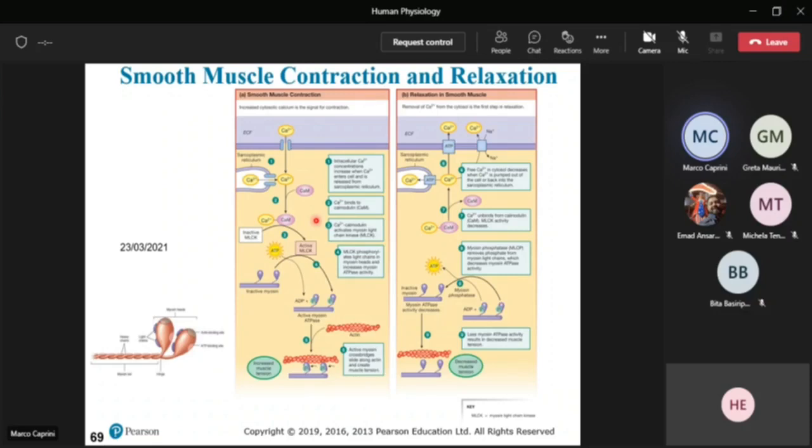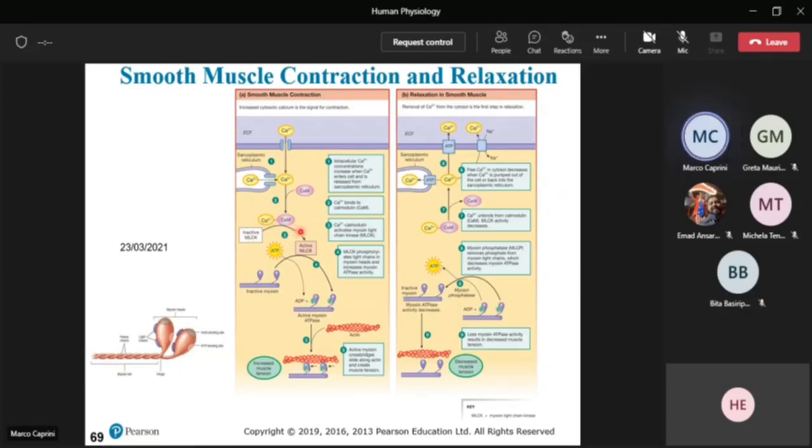What happens when the calcium inside of the cell increases? Calcium binds to a protein called calmodulin, a calcium-dependent protein that is present inside of the cell and that obviously contains calcium binding sites. When the calcium binds to the calmodulin, it activates a myosin light chain kinase.